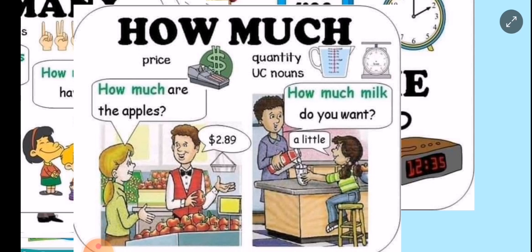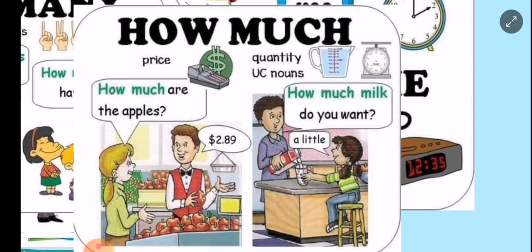As in the previous video, we said there are two ways to form a question: the WH question, and the yes or no question, where we start with helping or auxiliary verbs. Here we concentrated on when we use the WH question.